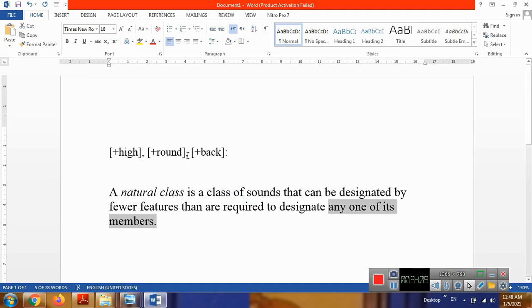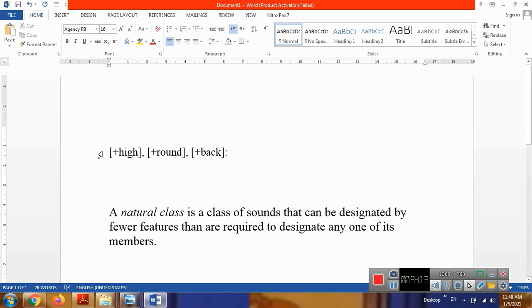But when we define the sounds according to just 2 features, or 1 feature, we say that here we have the natural class. For the defining of one of the, for example, Turkish members, we should designate 3 features.